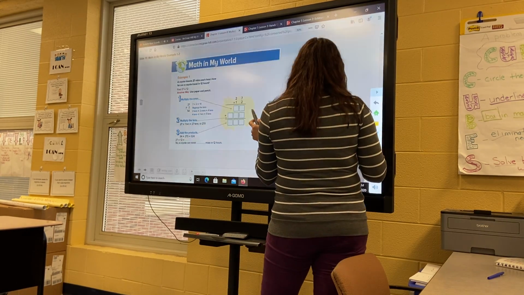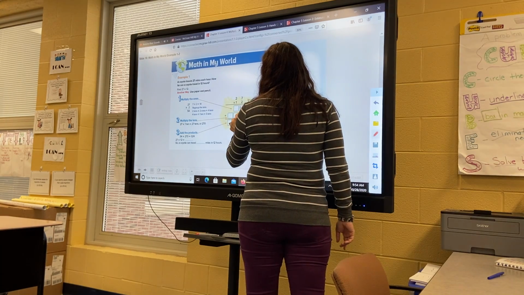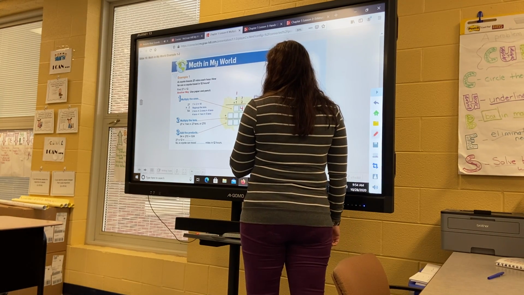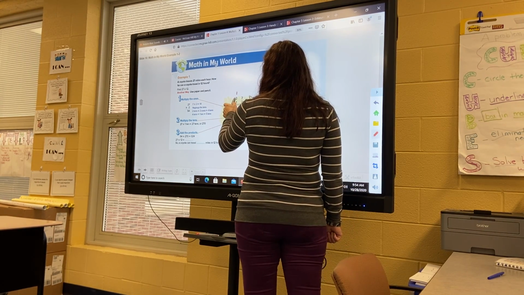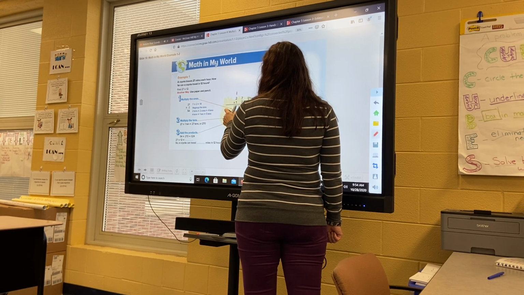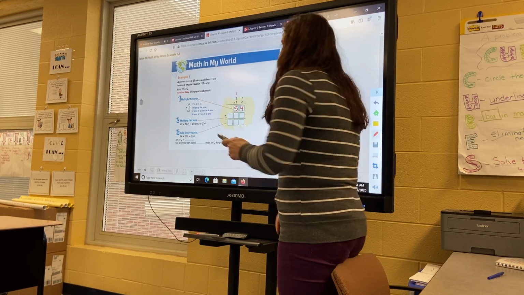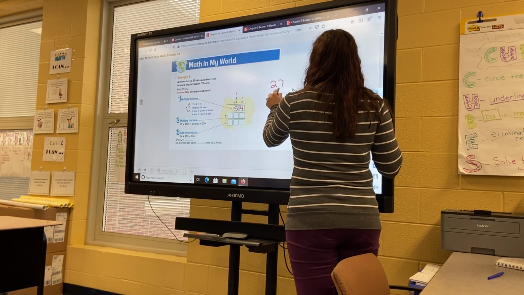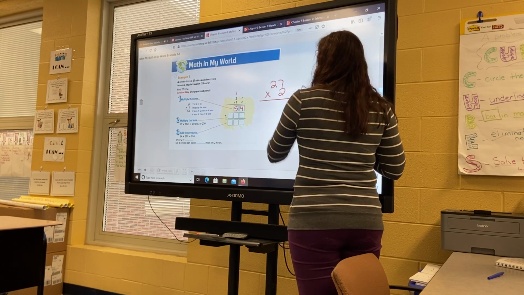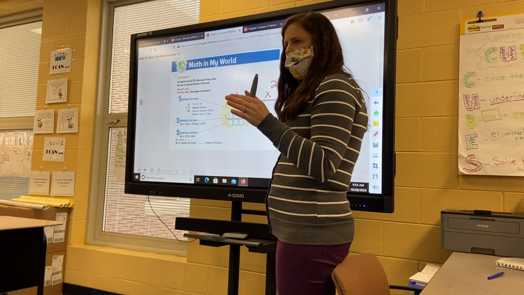Right here, regroup the tens. And then 2 times 2 is 4, plus 1 is 5. So we have 54. You're just doing 27 times 2 first. Does everyone see that?